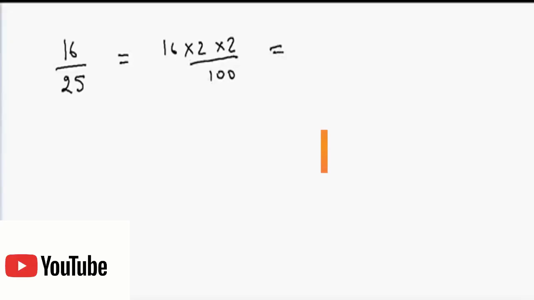So the double of 16 is 32, and then double of 32 is 64, so the answer is 0.64. Again, if I have 4 divided by 25, that will be equal to 4 into double of 4 is 8 and double of 8 is 16, so 0.16.